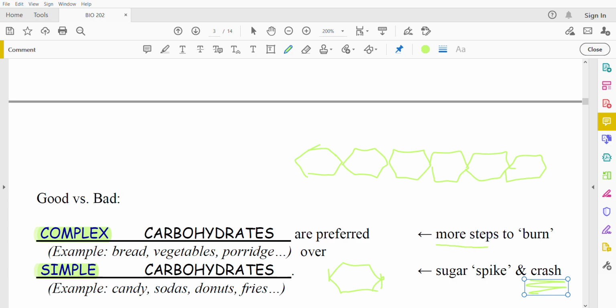There are more steps involved with making them available, which is ideal in this setting. So we prefer to consume complex carbs because it takes a longer time to break them apart, and as it takes longer, they remain available in the body for when they are actually needed.